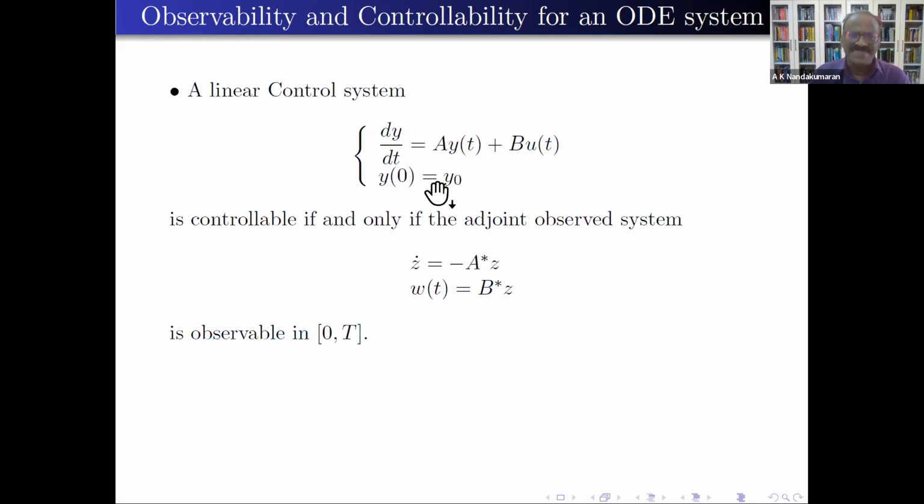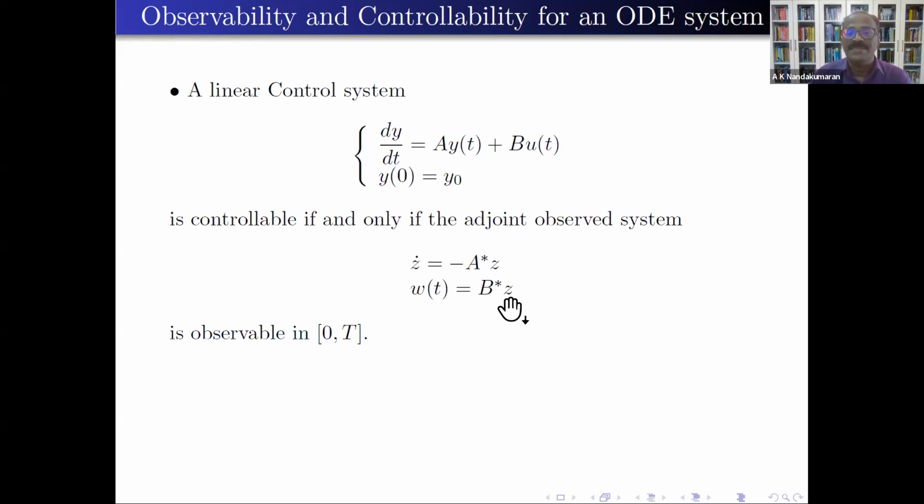But then this controllability problem is equivalent to an observed system, where it's an uncontrolled system. Basically you have an uncontrolled system and an observation. Observation is basically partial information. So from partial information, you observe certain quantities related to your actual state for a sufficiently large time. Can you get back your Z?